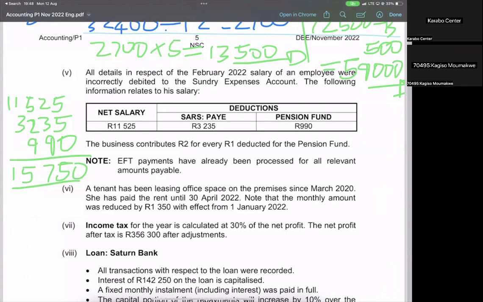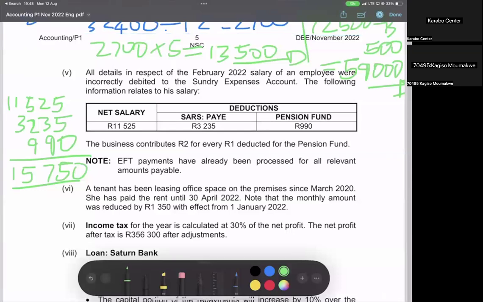So the business is going to times it by 2, because it gives you 2 rand for every 1 rand. So I'm going to say 990 times 2, 1,980. And then they say EFT payments have already been made and processed for all relevant amounts payable.